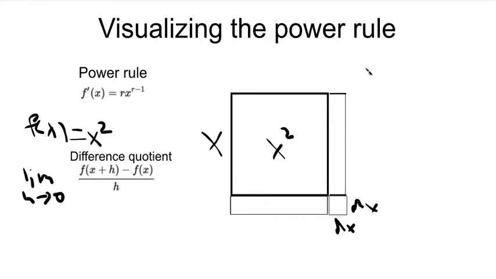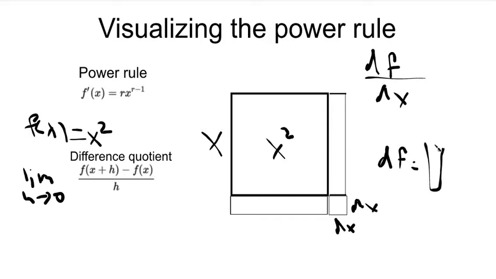So the formula for the derivative in this situation would be df divided by dx, or dy divided by dx, whatever function you're using. df would be the slight nudge in area, since that is the instantaneous change, the small nudge of dx, which would be the two rectangles plus the small square they created.